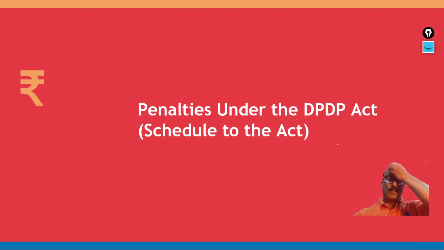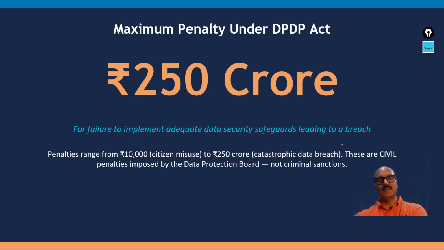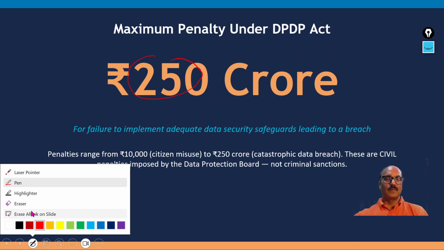So this is the last slide, the last chapter for today. Penalties under DPDP. It's a very short one. So as we already know, the maximum is 250 crores.